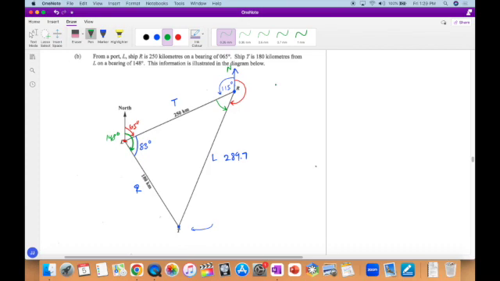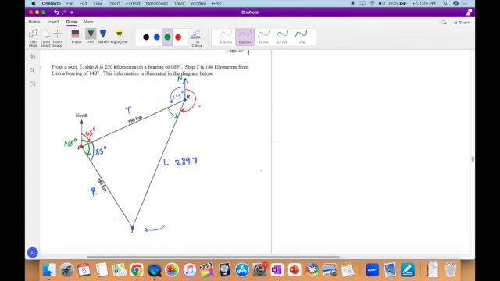So in order to find this green angle, angle R, using the sine rule, we will see that R over the sine of R is equal to L, which is 289.7, over the sine of L, which is 83. R is 180, by the way.